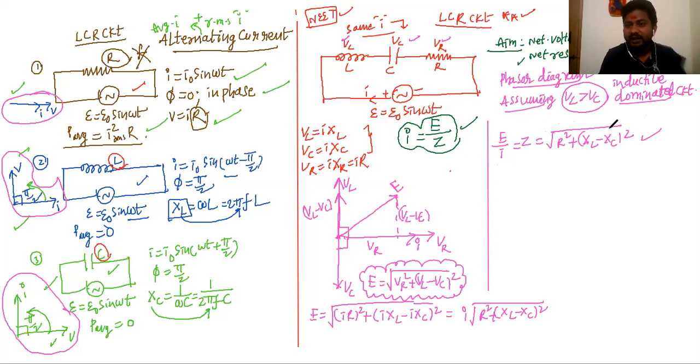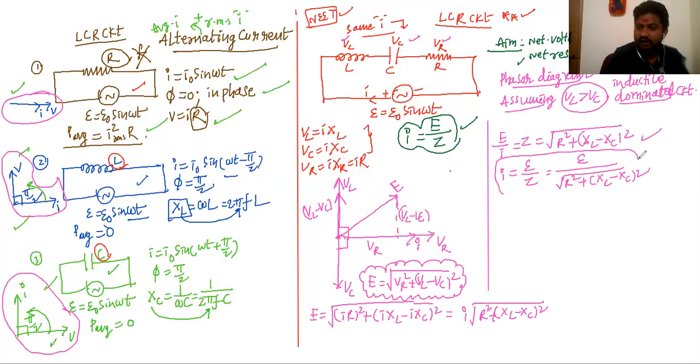What is this called? Impedance of the circuit. And I is equal to E by Z, which is E divided by the square root of R square plus XL minus XC whole square. So this is the current passing through the LCR circuit.